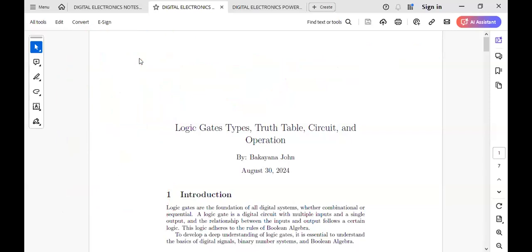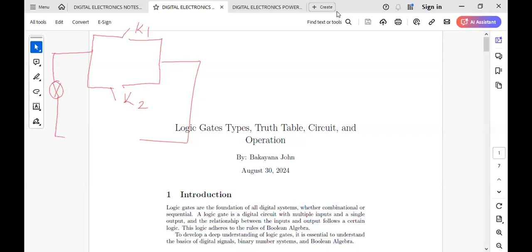We are looking at the parallel arrangement, where if we have K1, we have K2, and then we have our bulb and the battery. So we are looking at the two possibilities, K1, K2.